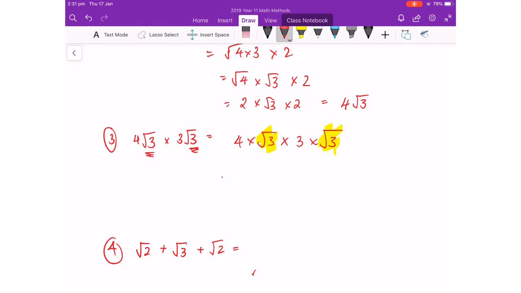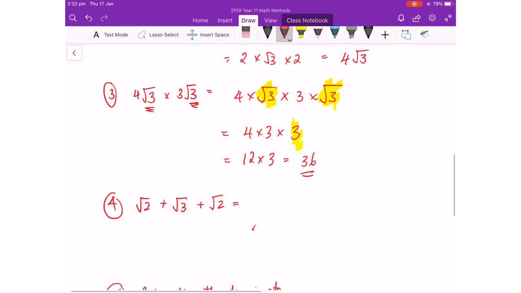So that's just going to become 4 times 3 times 3. The 2 root 3s multiplied together just becomes that 3. So it becomes 12 times 3, and so that becomes just 36. There we go. I actually completely got rid of the surd altogether.